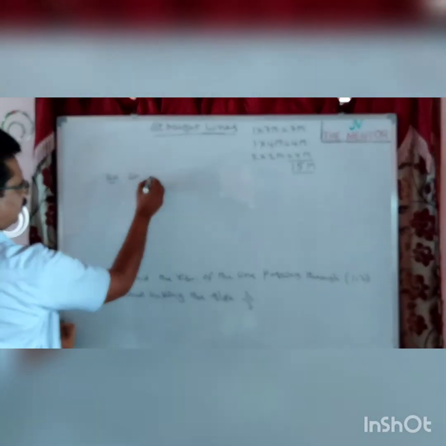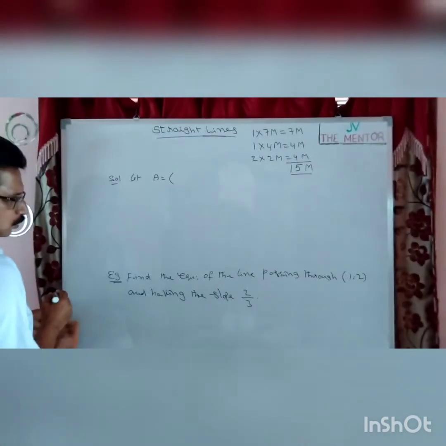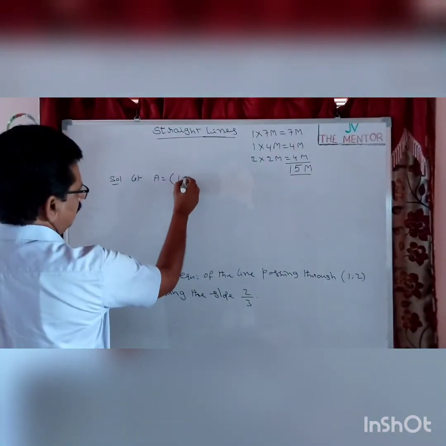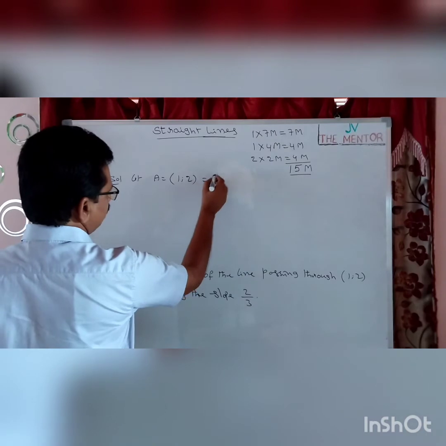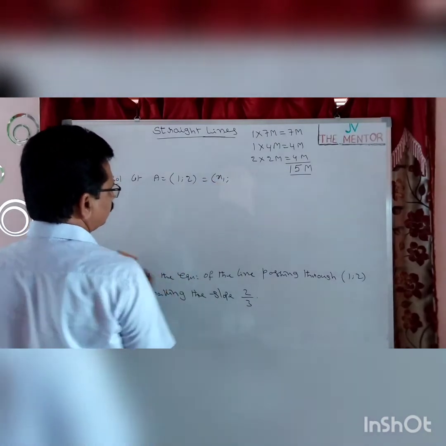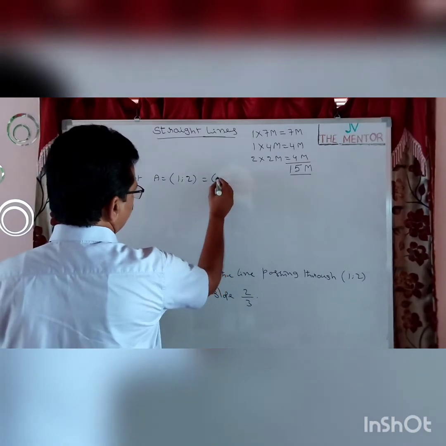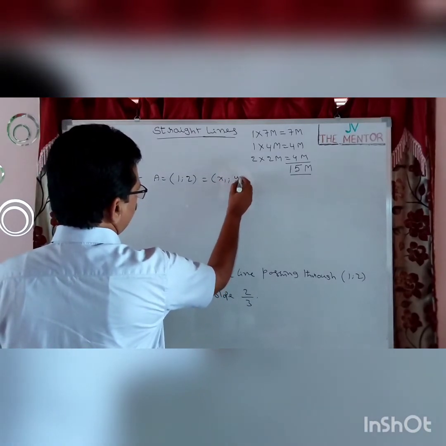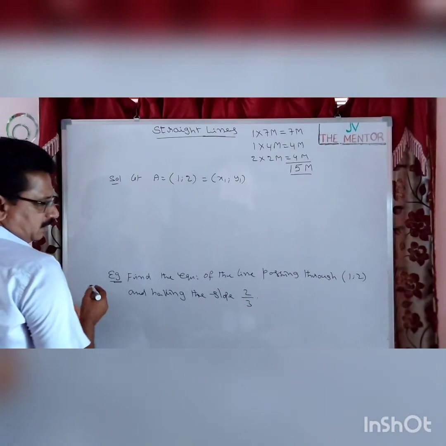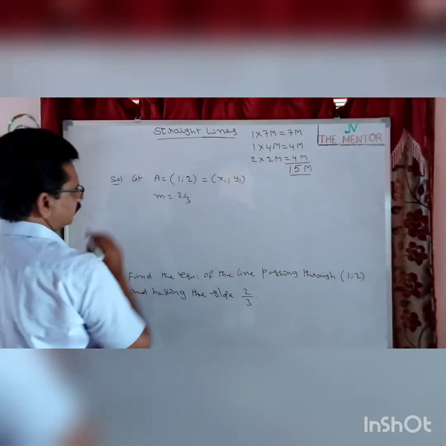Let A equal to (1, 2), that is the point, let it be (x1, y1). And the slope of the required line is m equal to 2 by 3.